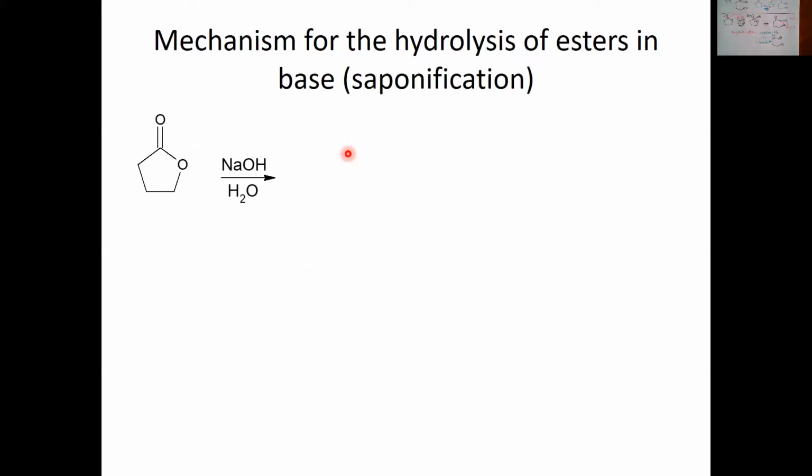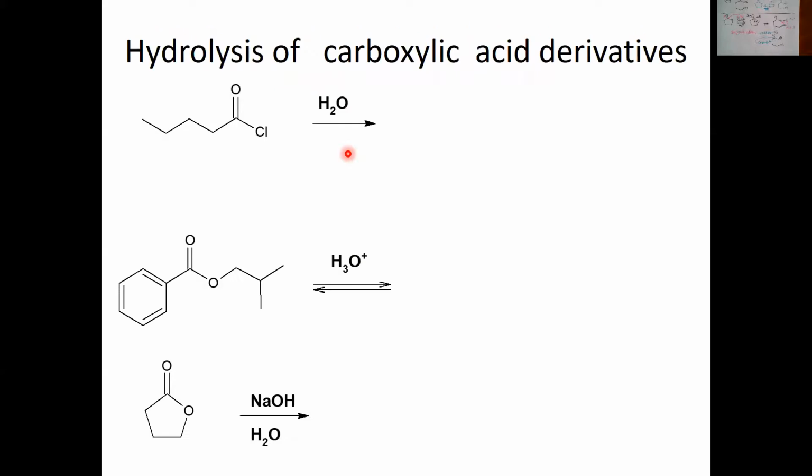We drew this mechanism, tried to saponify that guy. Saponification means hydrolysis in base. We've said hydrolysis of all of the carboxylic acid derivatives results in carboxylic acids. So hopefully you can predict the products for all three of these reactions. That top one, carboxylic acid, product. The middle one, carboxylic acid, product. The bottom one, carboxylate, product.